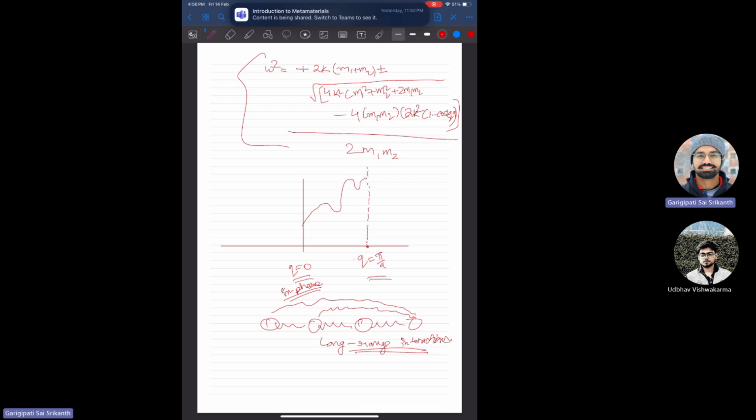That means the wavelength is really large, and the phase difference between adjacent unit cells is zero. Whereas q equal to pi by a means the adjacent unit cells are out of phase.